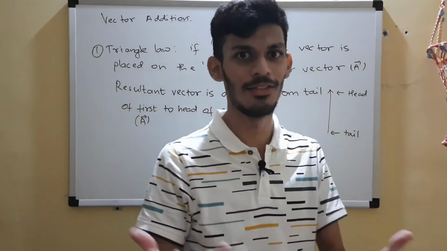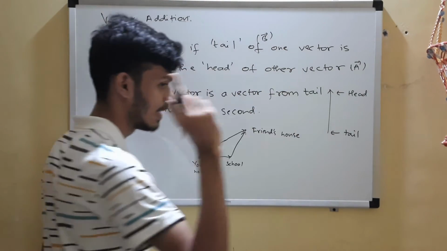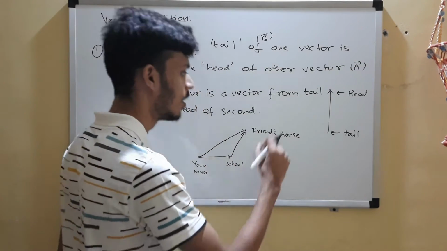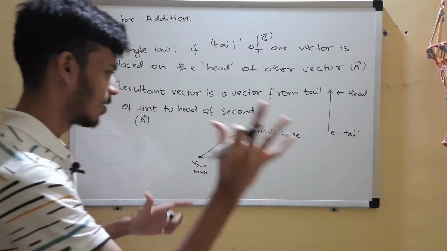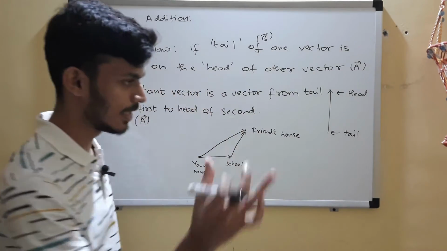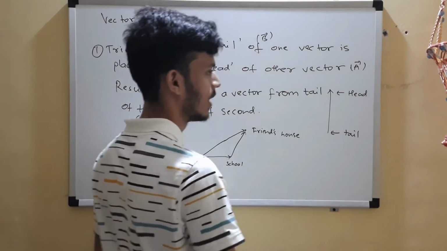So will it be safe to say that going from your house to your friend's house is the same as going from your house to school and from school to your friend's house? Are you getting my point?